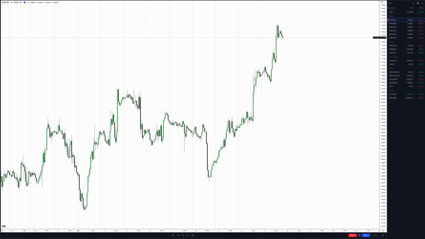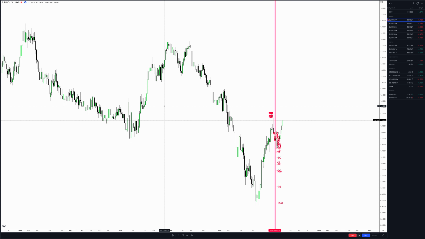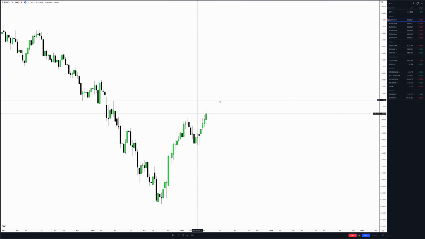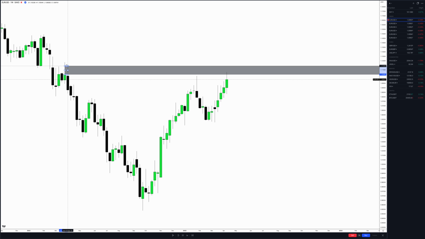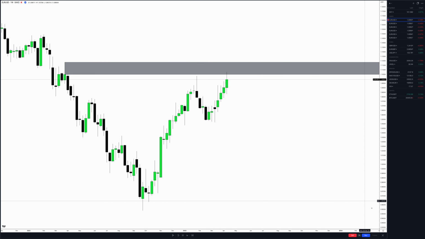In my morning analysis, I said we were in a weekly bearish rejection block after collecting weekly liquidity, and at this point the candle was still a big fat green candle, okay?